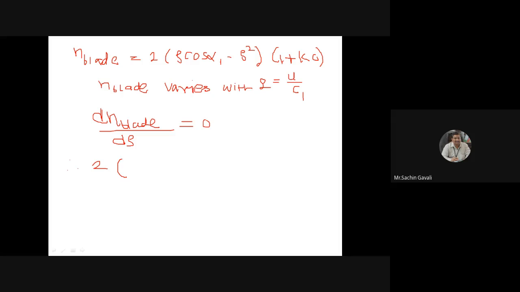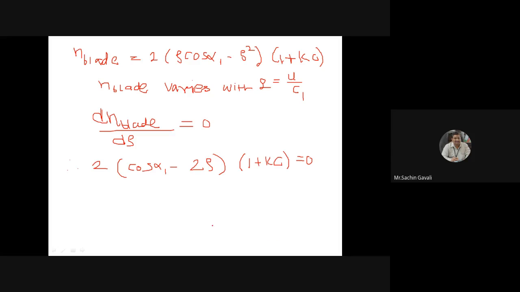Okay, so the differentiation of rho cos alpha 1: only rho is differentiated, so it is cos alpha 1 only. Cos alpha 1 will be constant, minus this 2 rho, this will become 2 rho into bracket 1 plus kc. Okay, and this we have to equate to 0.